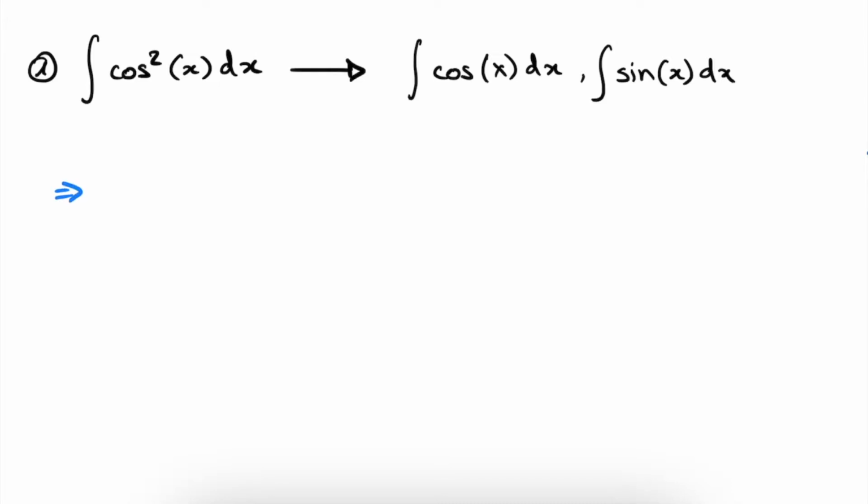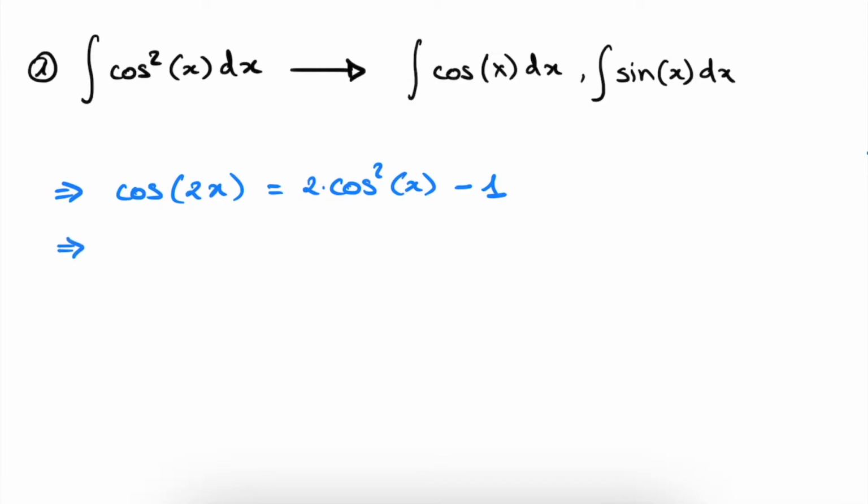In this first exercise, we use the formula that the cosine of 2 times x is equal to 2 times the cosine squared of x minus 1. And we see that this formula connects the cosine squared of an angle to simply the cosine of double that angle.